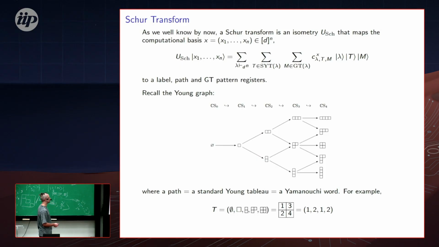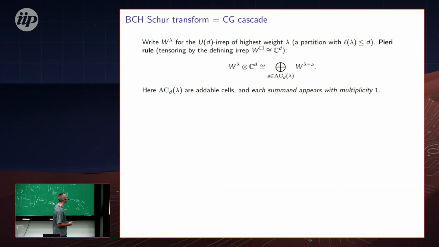If you use paths represented by this kind of thing or this kind of thing, you get different encodings of the basis. It's the same basis, but you have different encodings, and the circuits are different, and the space you're using is different. So I will particularly use the last one. I find it more natural.